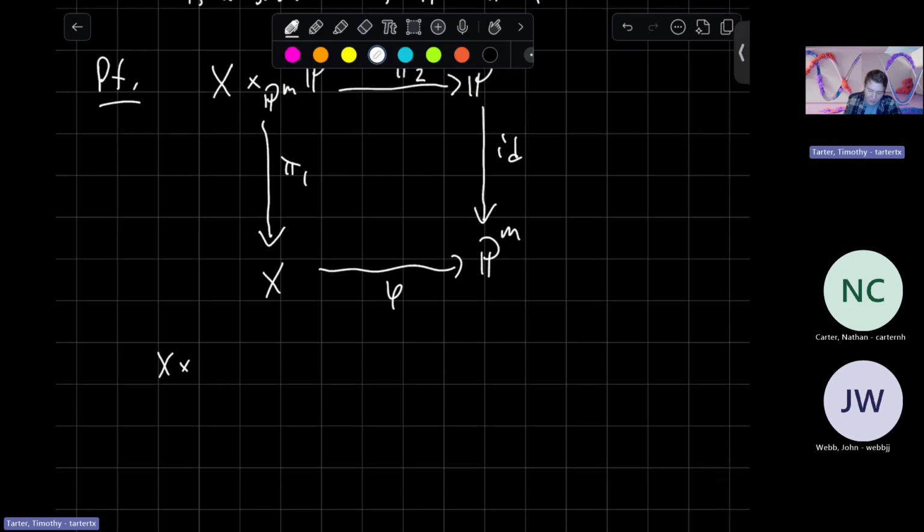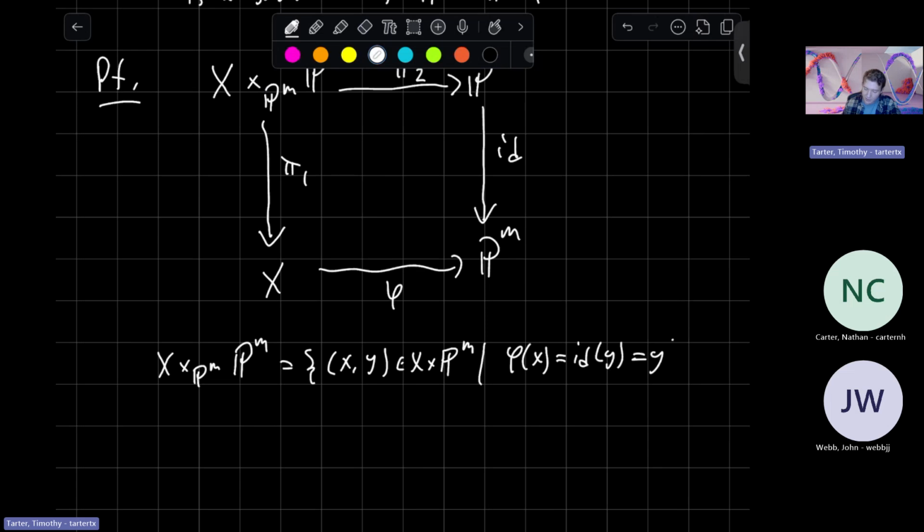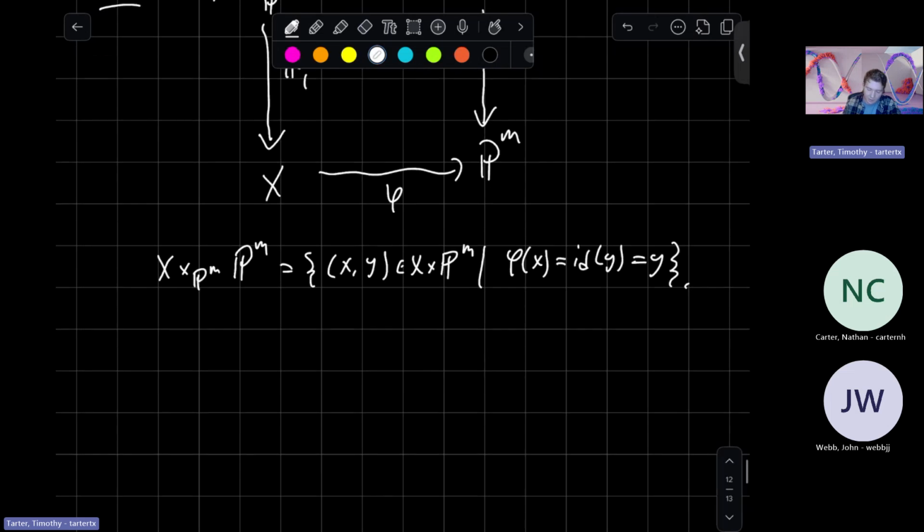By the set definition of the fibered product, this is the pairs x and y in X cross Pm such that phi of x is equal to the identity of y, which is y. But this is exactly the graph of phi.